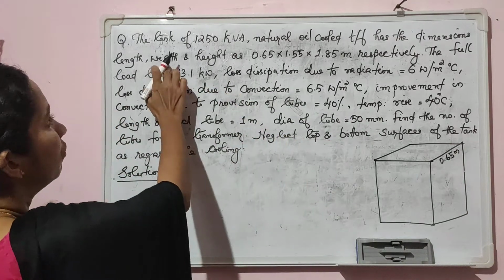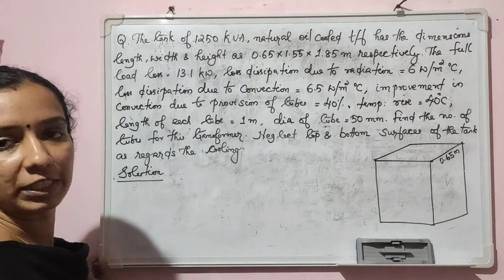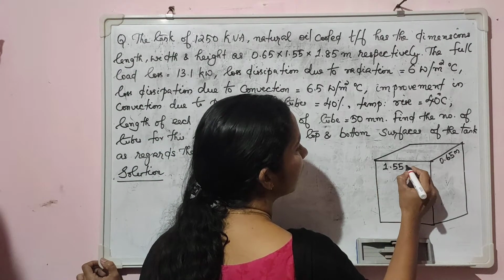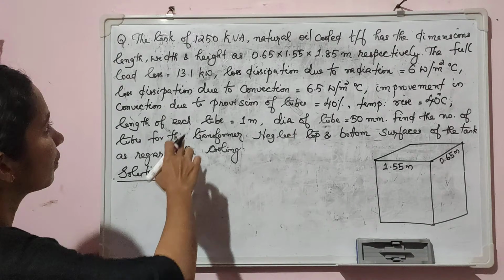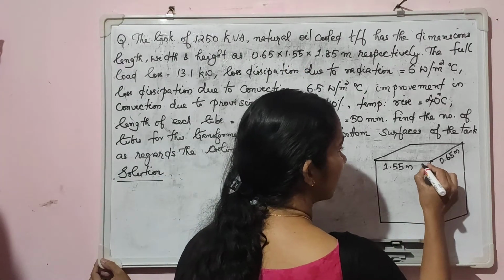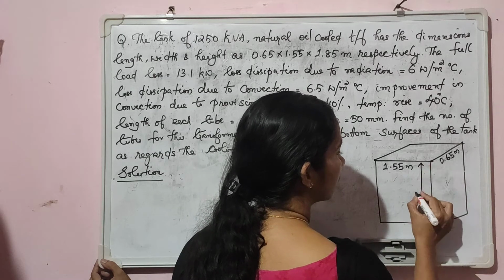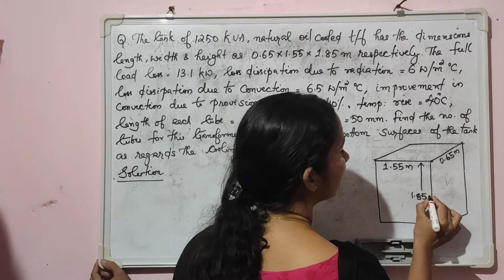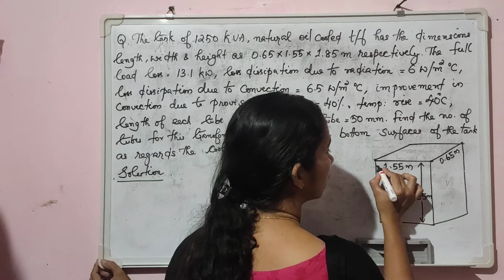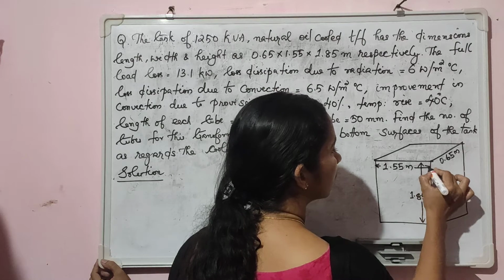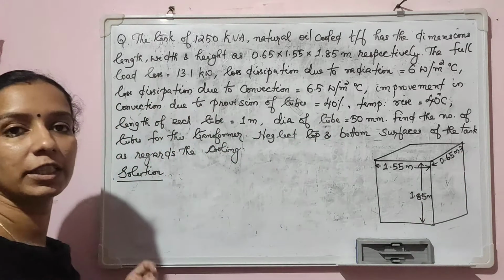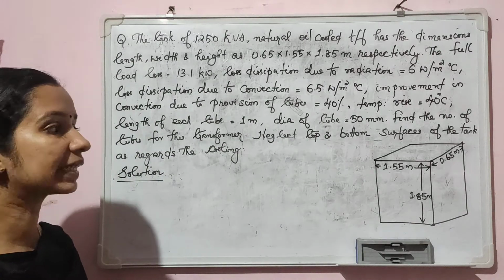Then width is 1.55 meter. So width of the transformer tank is 1.55 meter and height is 1.85 meter. So this will be the height, 1.85 meter.